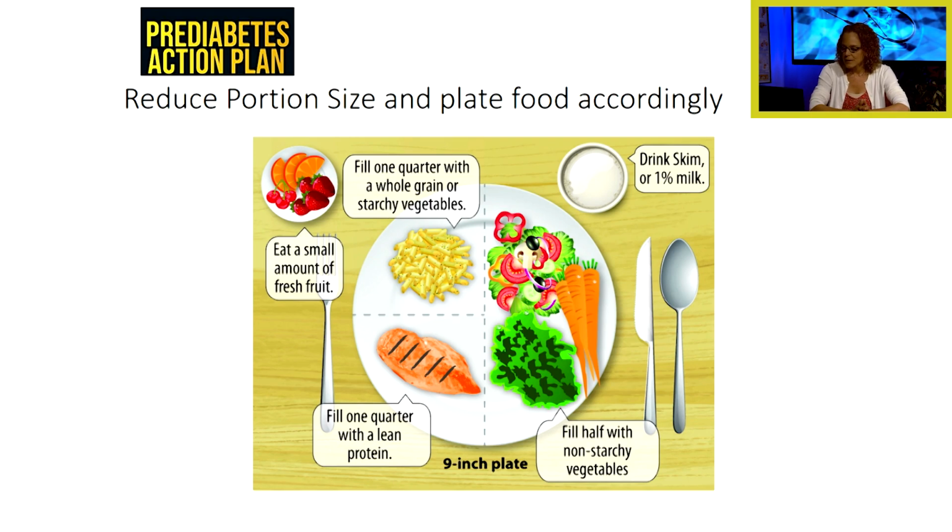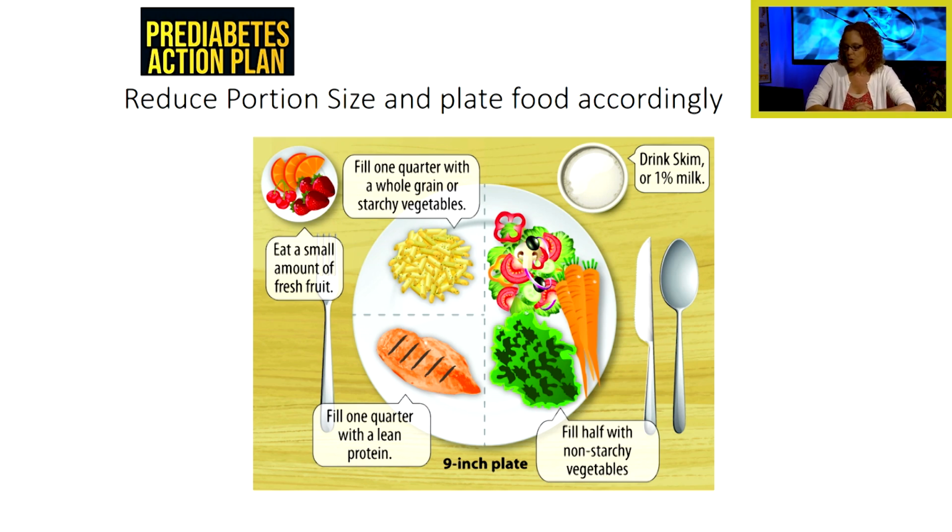So here we can see an example of a plate. First, it's a 9-inch plate, meaning that we're not using great, huge, big plates to plate our food. We want to fill 1/4 with some whole grains or starchy vegetables. Whole grains would be like rice or whole wheat bread, and maybe starchy vegetables like carrots.